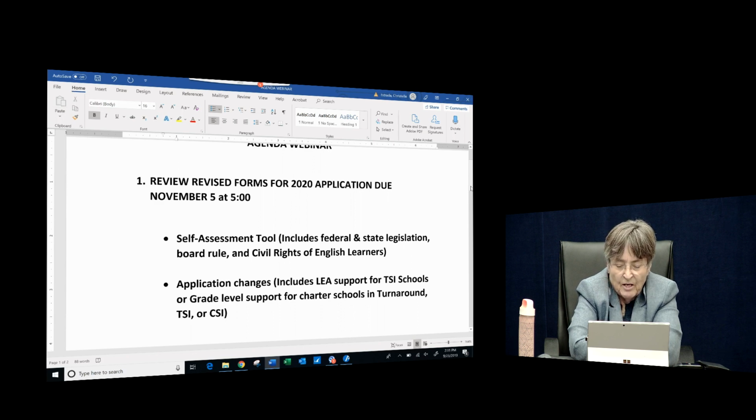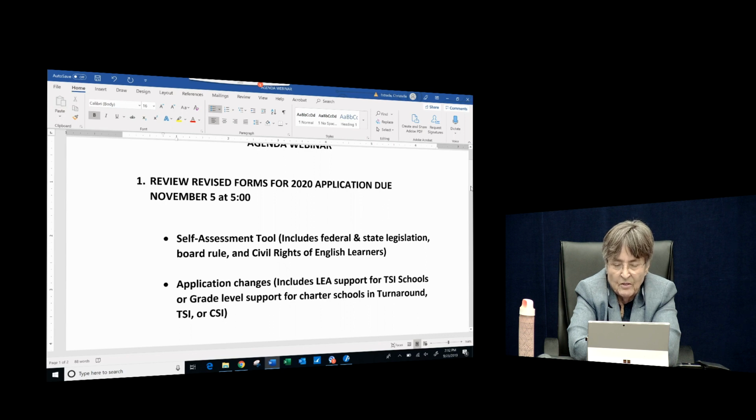The application changes were done because it includes LEA support for TSI schools, or if it's a charter, grade level support for charter schools. Now, the TSI schools are identified as the lowest 5% student group for 2 consecutive years.